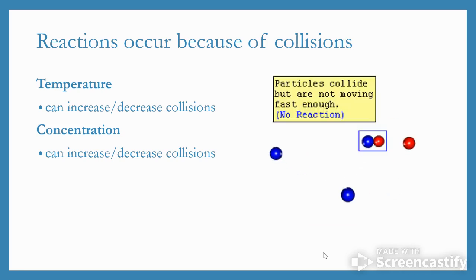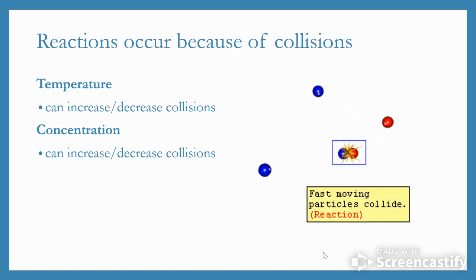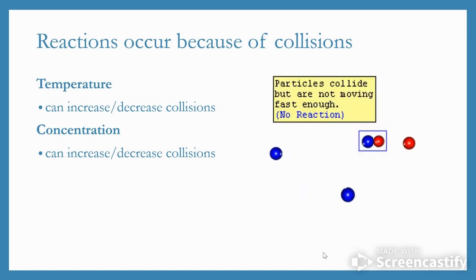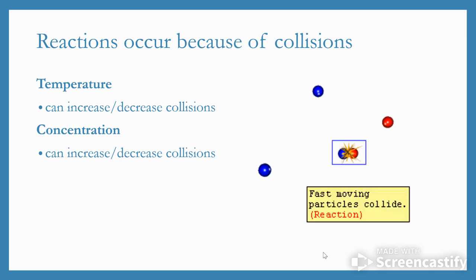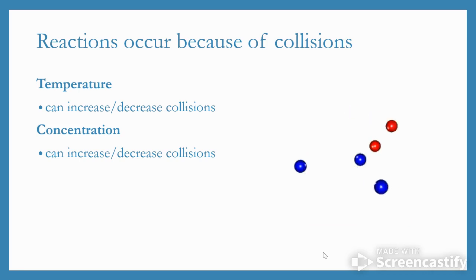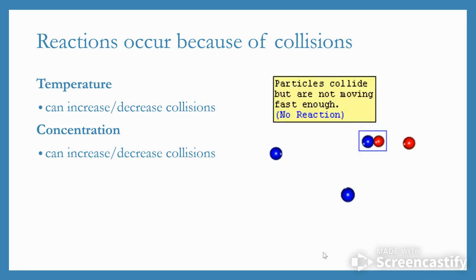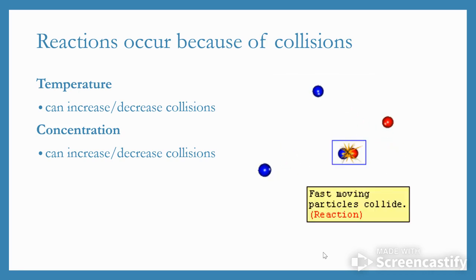Again, think of a train station in, say, New York City at rush hour, where you have lots of people moving quickly trying to get to their trains, versus a train station where it wouldn't be quite as crowded. So, increasing concentration would have more collisions, decreasing concentration would have fewer.